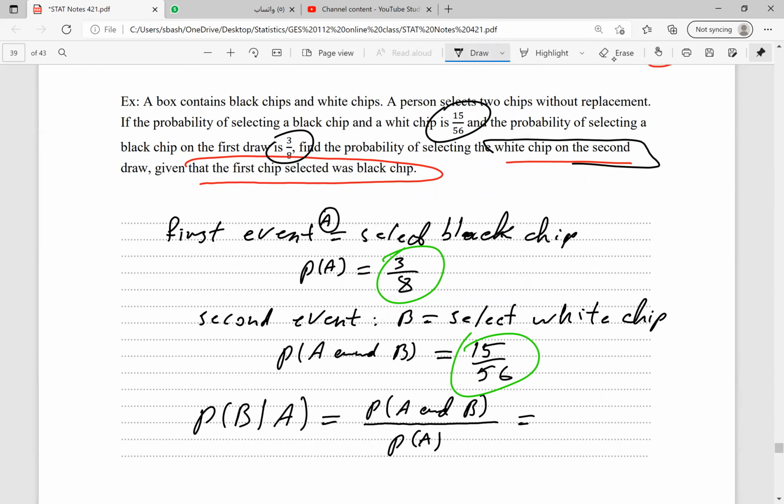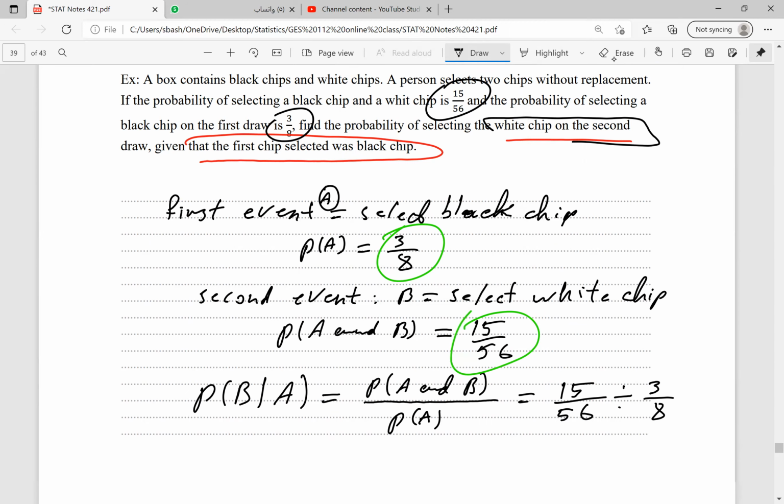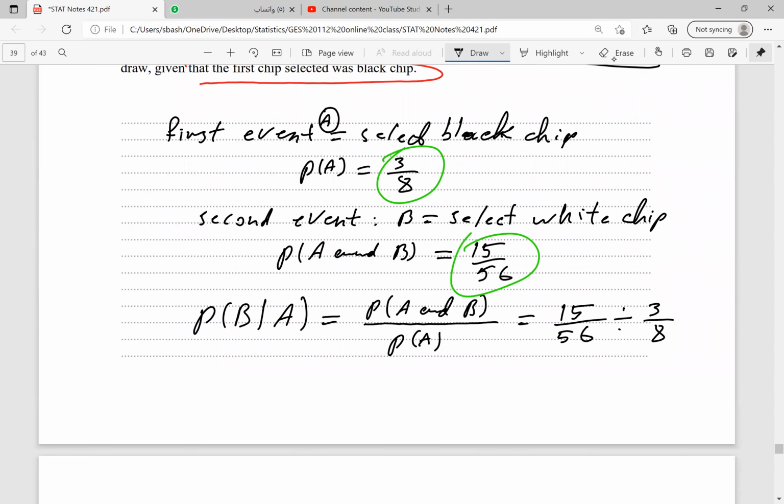So this will be 15 over 56 divided by 3 over 8. Because we have two fractions, it will be 15 over 56 multiplied by 8 over 3.